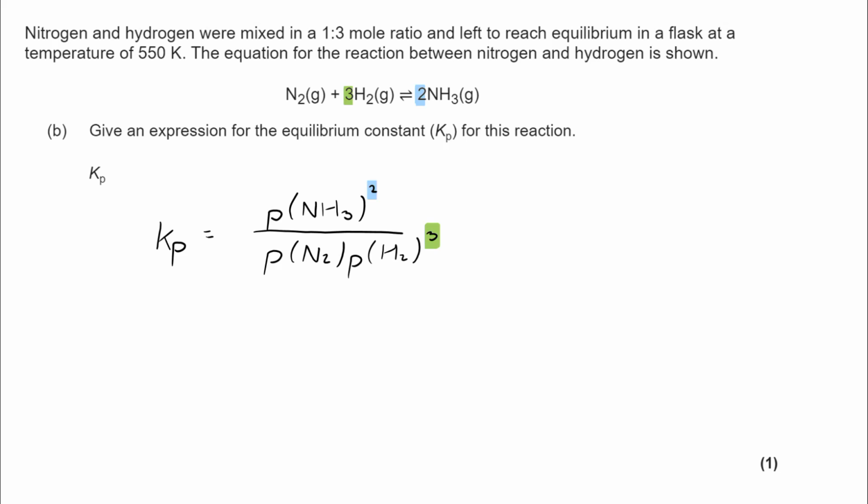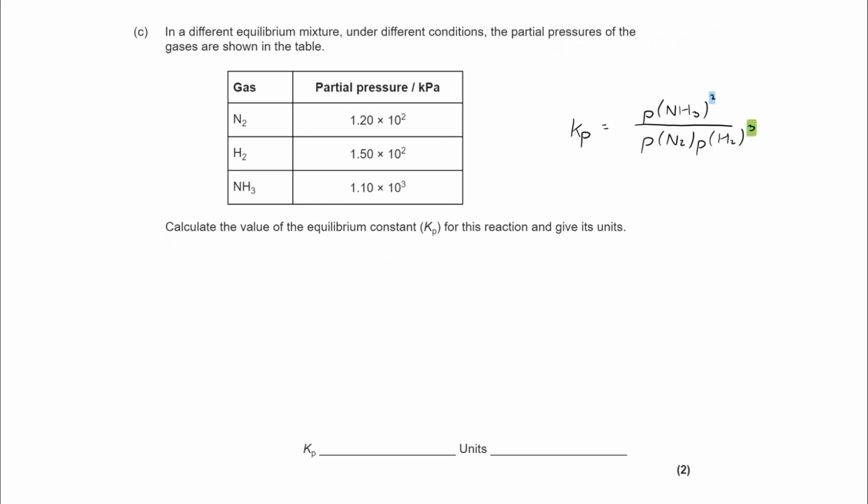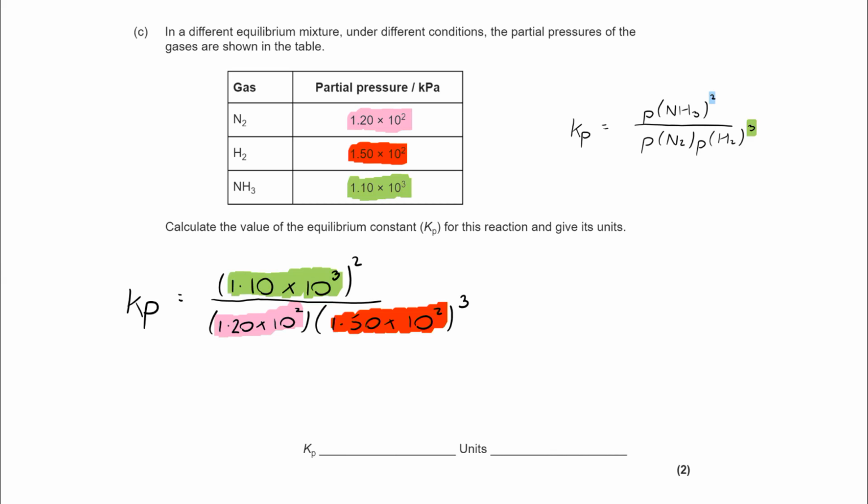Okay, moving on to part C now, and I've included the expression of Kp here that you would obviously be looking back at to answer it. So here we want to calculate the value of the equilibrium constant Kp based on the partial pressures provided. Well, I already know what the expression is, so I now need to go through and put the numbers in.